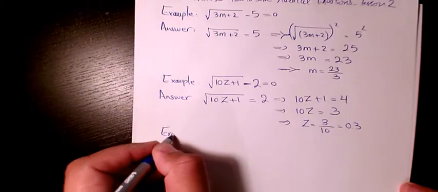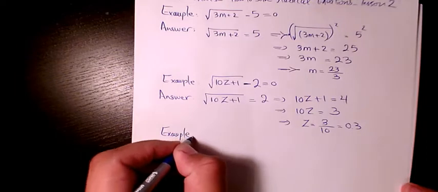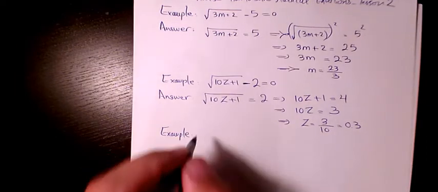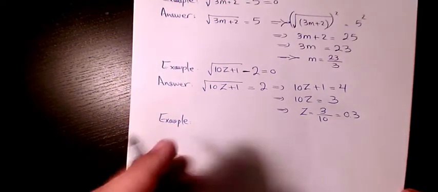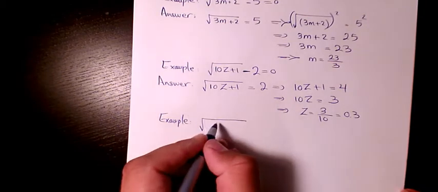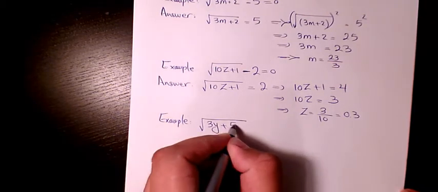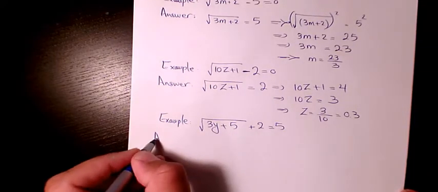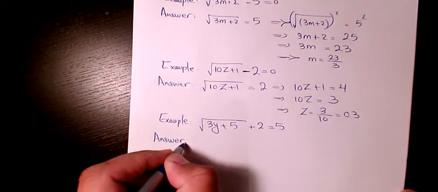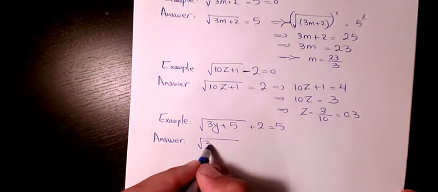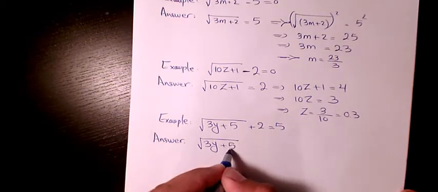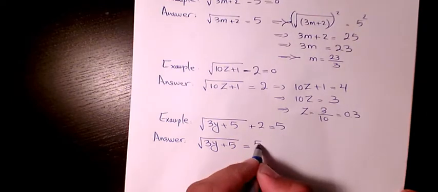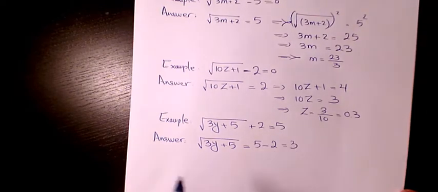Next example is square root of 3y plus 5 plus 2 equals to 5. How to solve it? The answer is going to be root 3y plus 5 equals to 5 minus 2, which is 3.